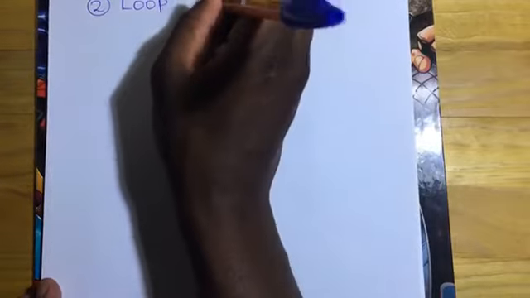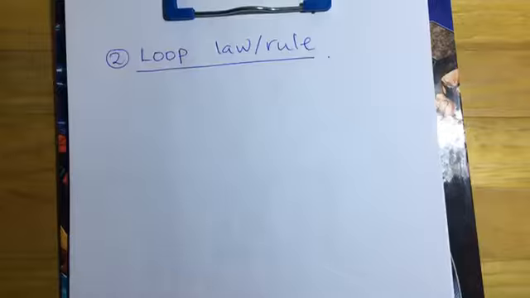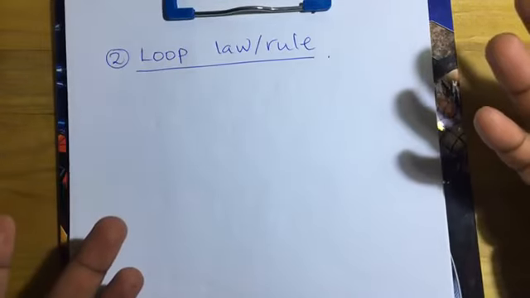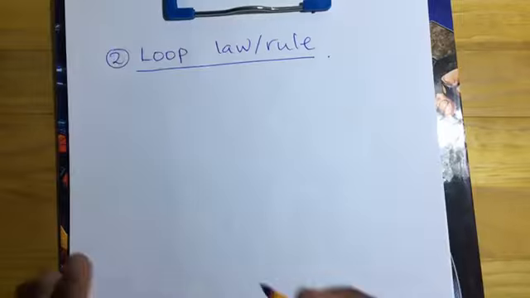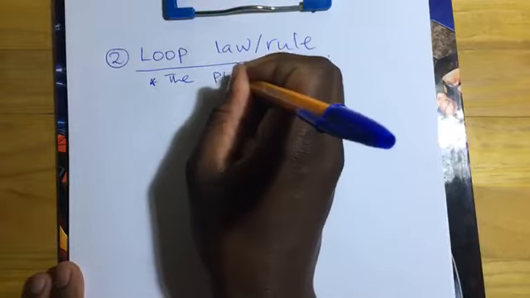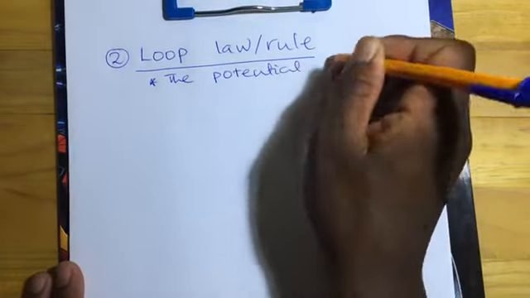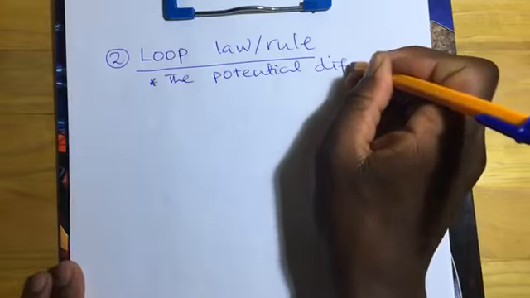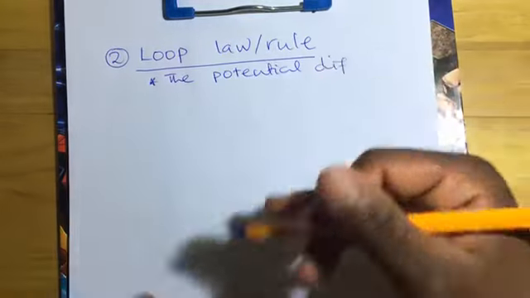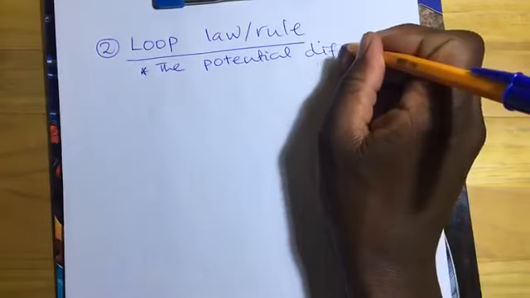Number two, the loop law. Some people would say the loop rule. We'll define what a complete loop is, okay? But for now, let's state the law. We're going to say the potential, some people would say the potential drops or the potential differences, so it doesn't matter.